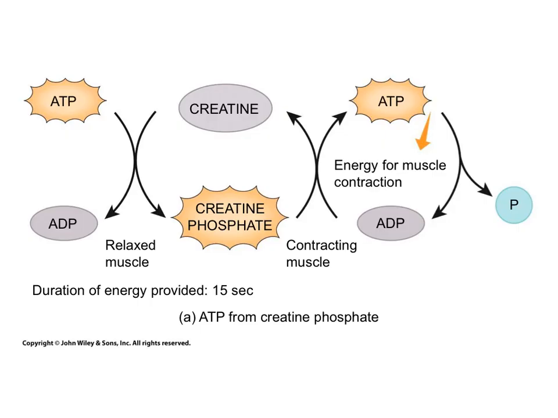The first way that the muscle cell can make ATP is from creatine phosphate. Excess ATP that is in the muscle cell at rest is used to produce creatine phosphate. Creatine phosphate is 3 to 6 times more plentiful than ATP in the sarcoplasm of the cell.